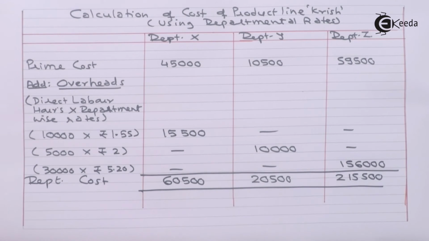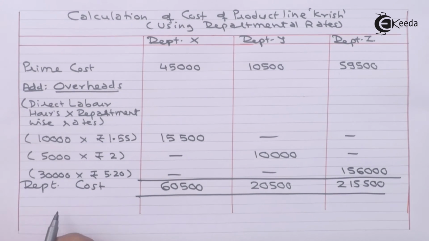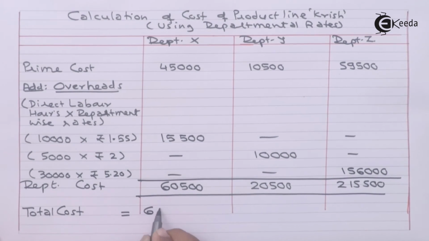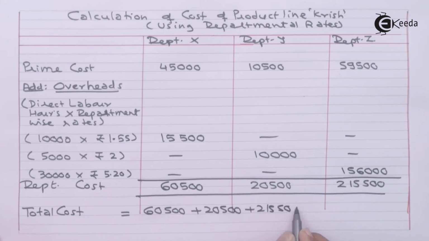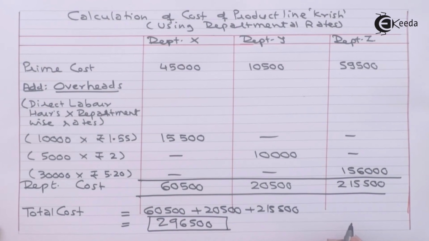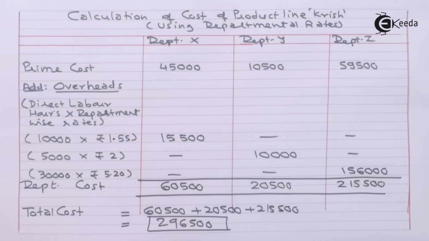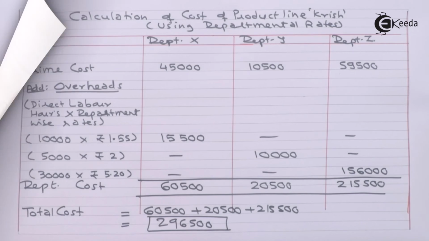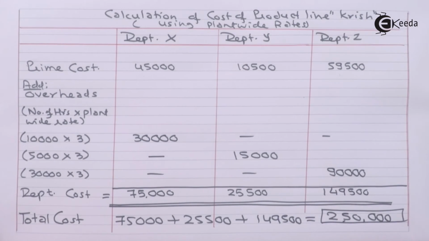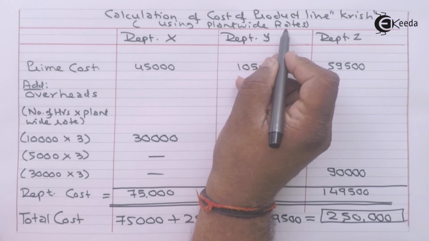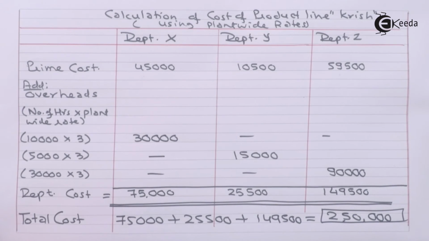We can add department X, Y, Z cost to arrive at total cost of the product line. So by using departmental rates, we get total cost 2,96,500. If we consider plant-wide rates, we are getting total cost 2,50,000.